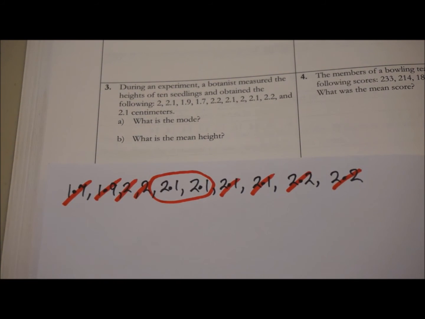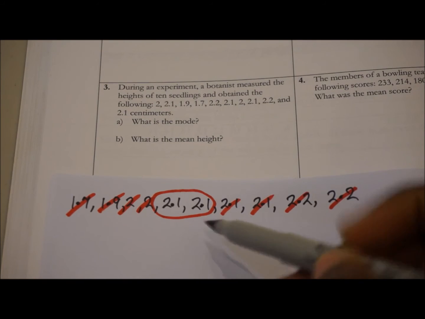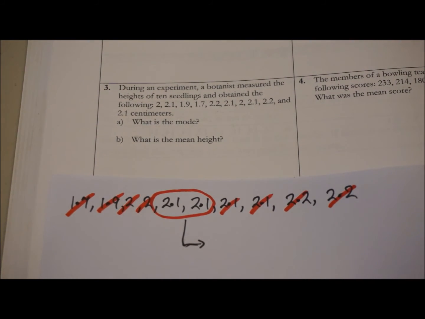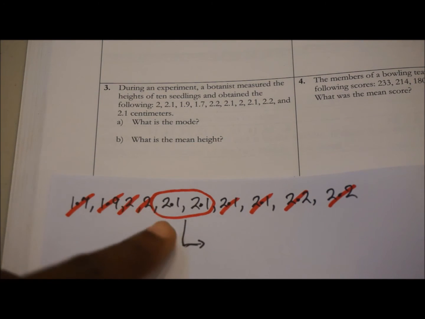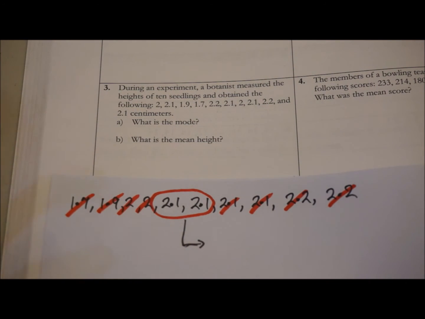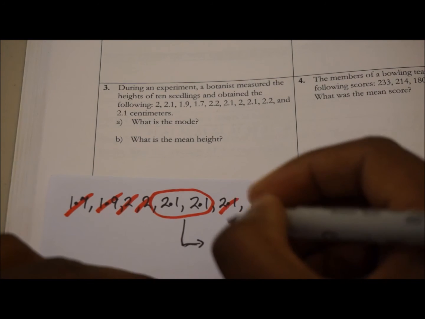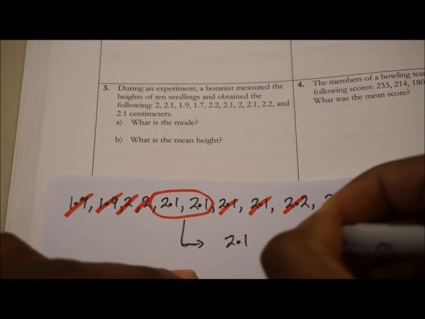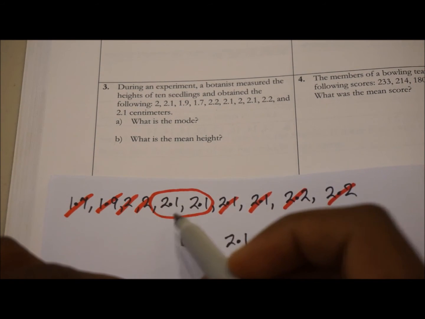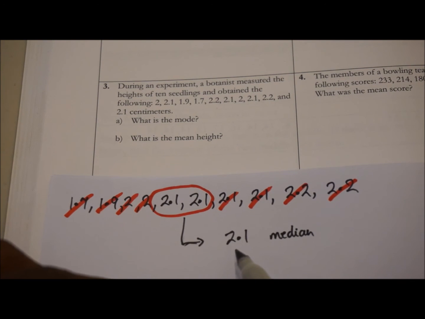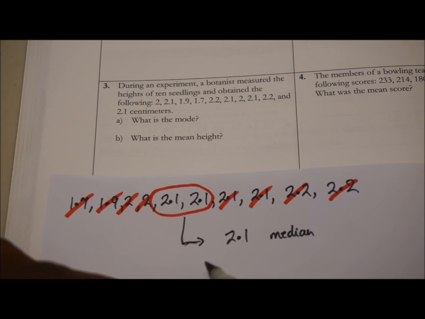Excellent. 2.1 and 2.1, remember we need to find the mean of those numbers. If we go through the idea of finding the mean, we add both of them together and divide by 2. But if we do that, we'll get the same number. So the data item which occurs in the middle is actually just 2.1. That's my median. So if the two numbers in the middle are the same, there's no need to do any calculation. You just simply write back that same number, because that is the number that is in the middle.